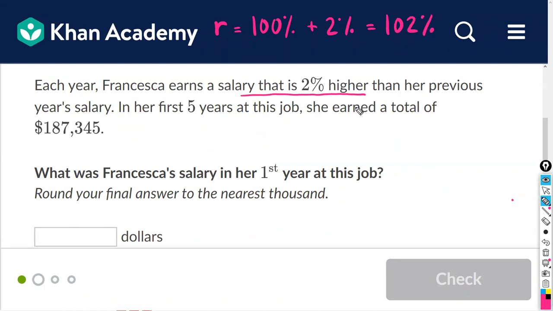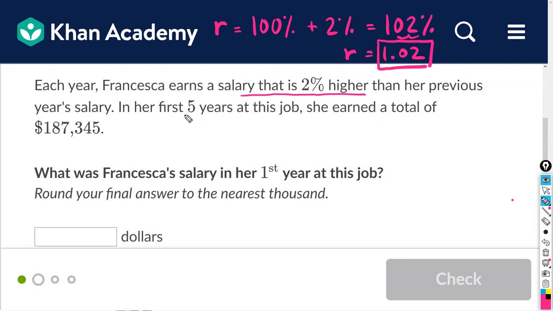But we need to convert that to a decimal, so you just move the decimal over 2 places and you get 1.02. So in order to add 2% to a number, you just multiply it by 1.02. So that's going to be the value for R.